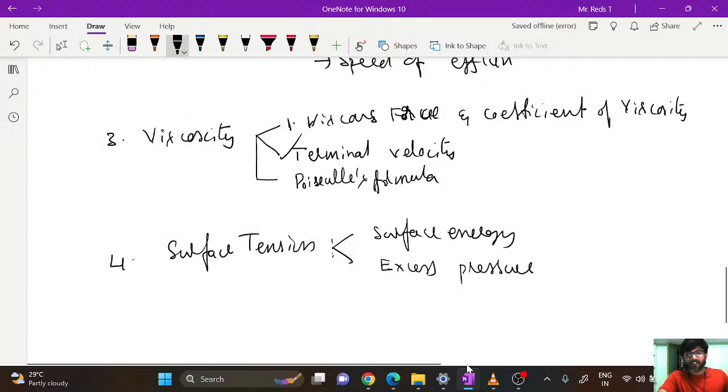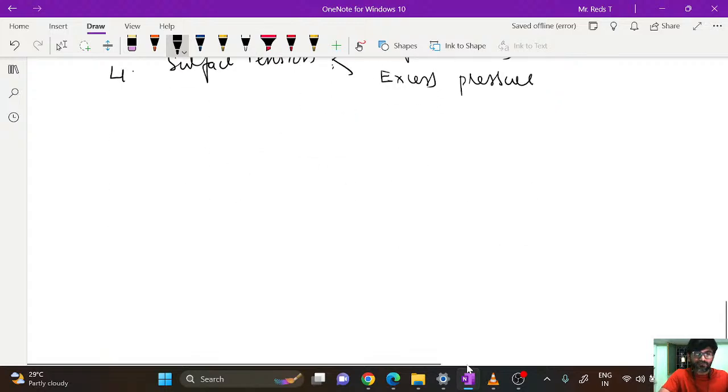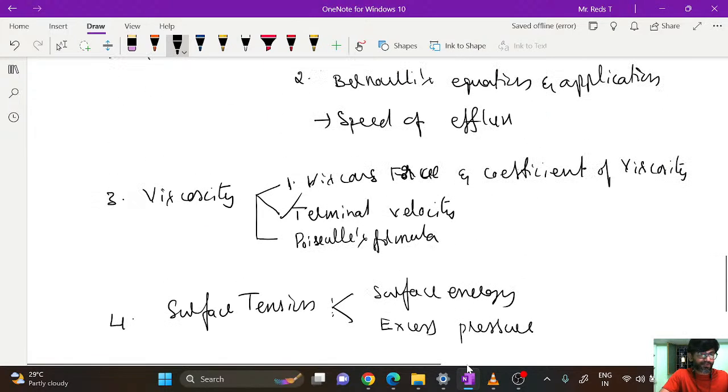So this is about mechanical properties of solids and fluids. The remaining chapters in the second part of NCERT are oscillations and waves.